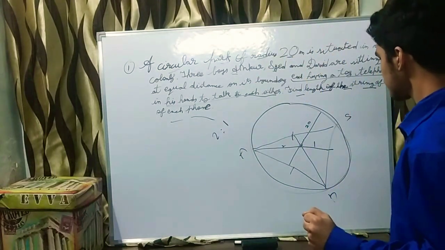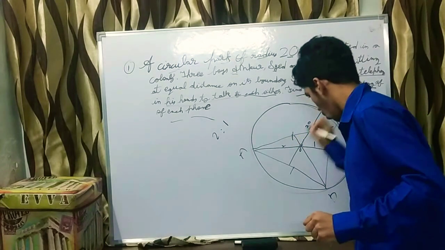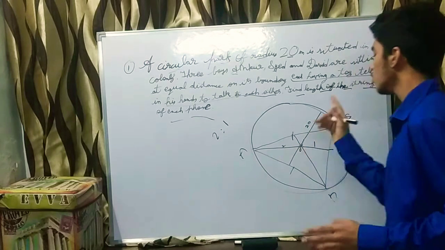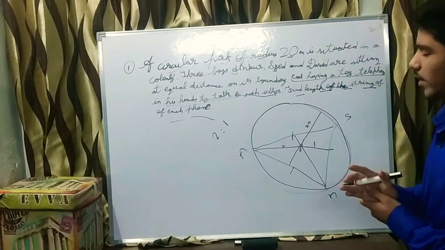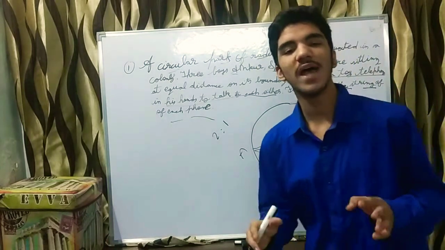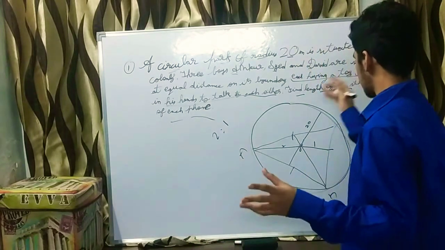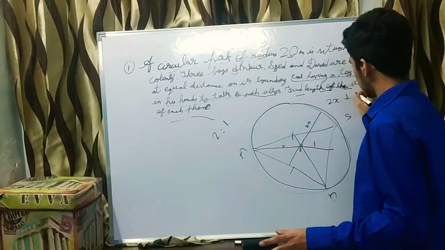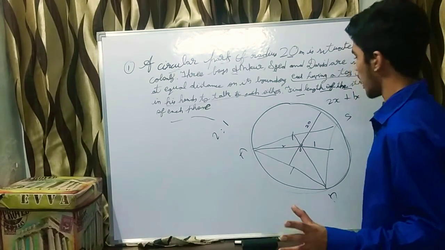Let us mark it as O. Now it is dividing it into two parts. If we take the common ratio as x, then it is 2x plus 1x. Okay guys?